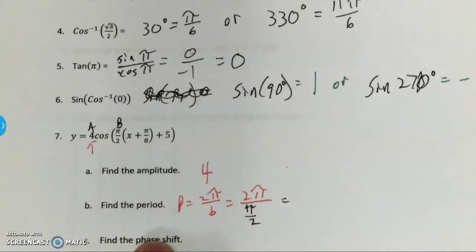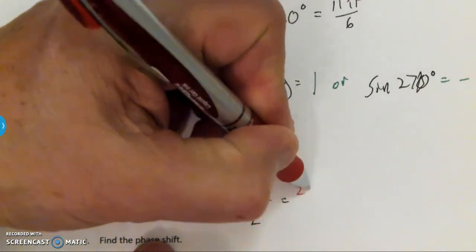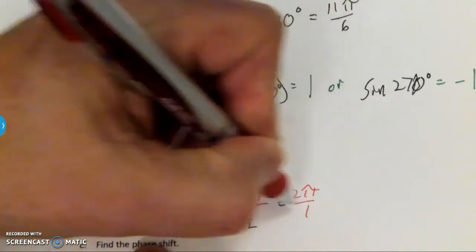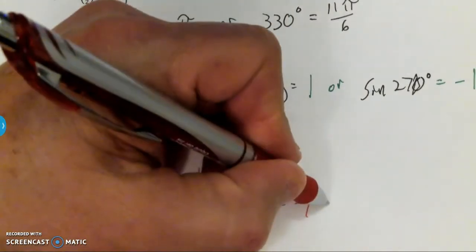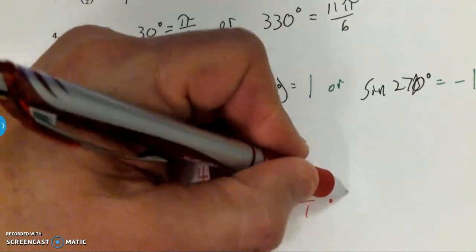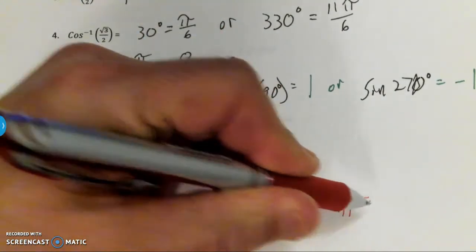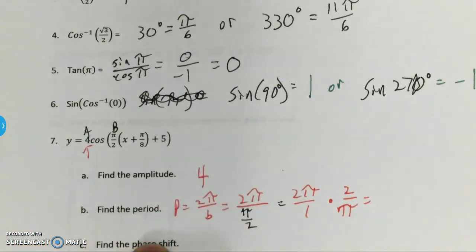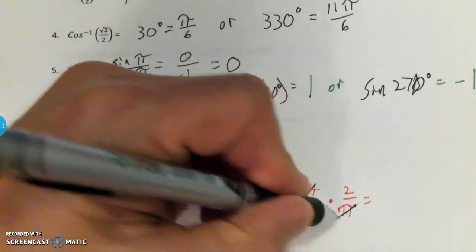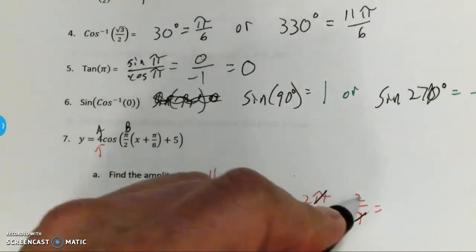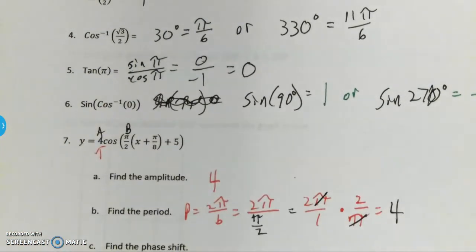So we got ourselves a nice compound fraction here. Let's call this 2 pi over 1. We're going to change from divide to multiply, and then flip the second fraction. So our pi's are going to cancel. 2 times 2 is 4. So the period is 4.